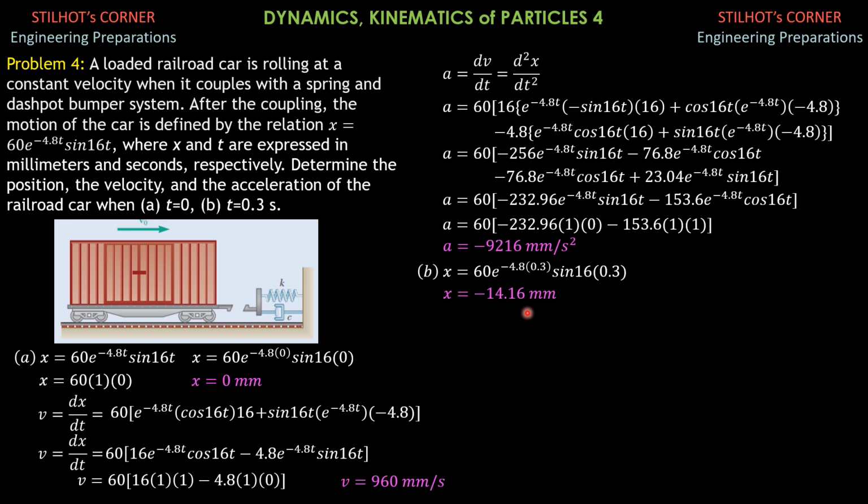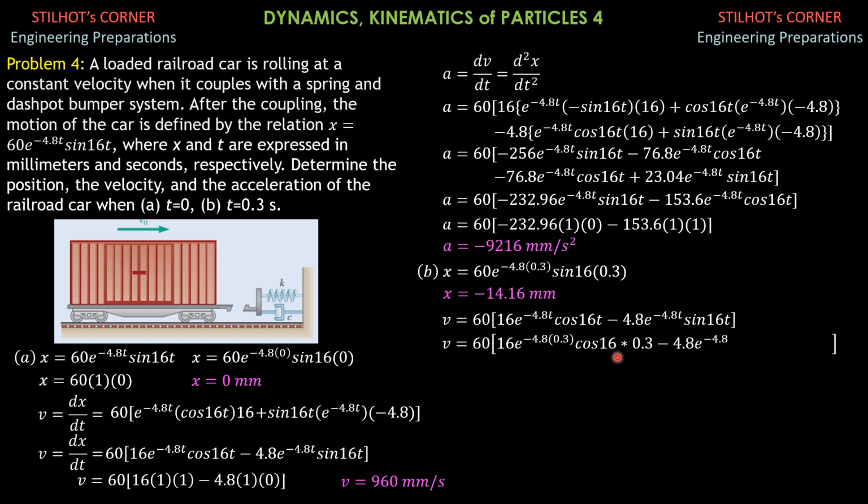Then for the velocity, this is the expression for velocity. We substitute the value of time, which is 0.3 seconds, and cosine 16 times 0.3 minus 4.8 e to the negative 4.8 times 0.3 sine of 16 times 0.3.